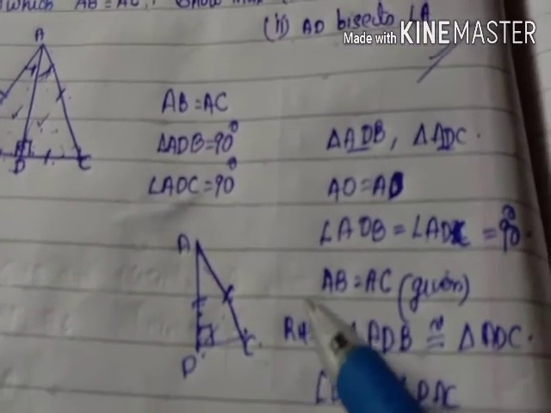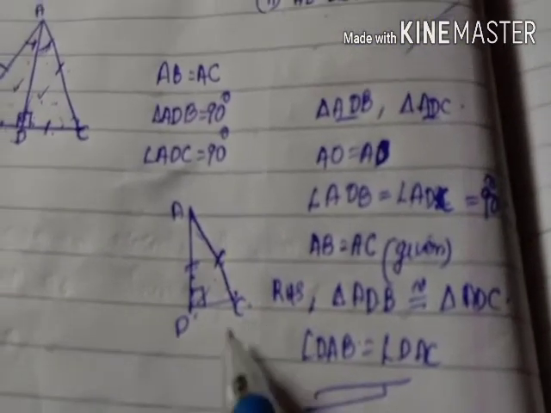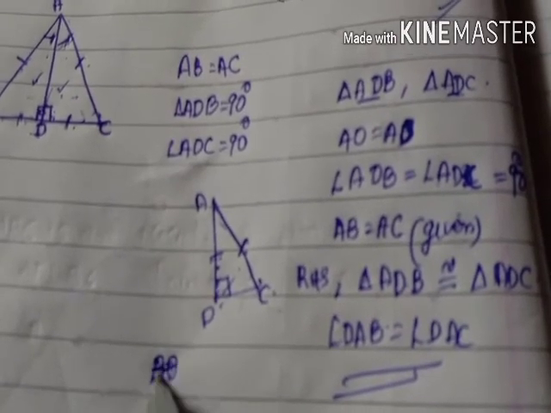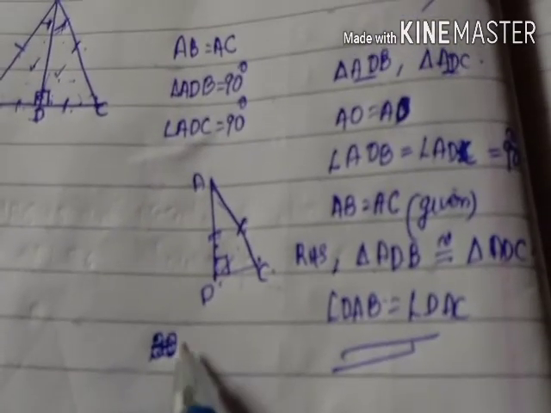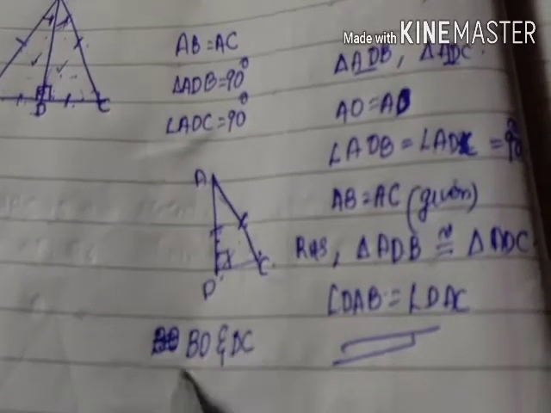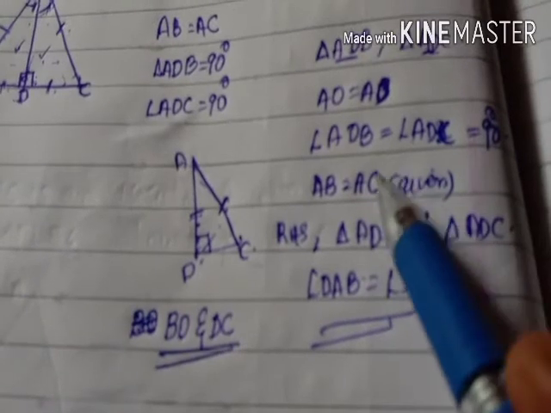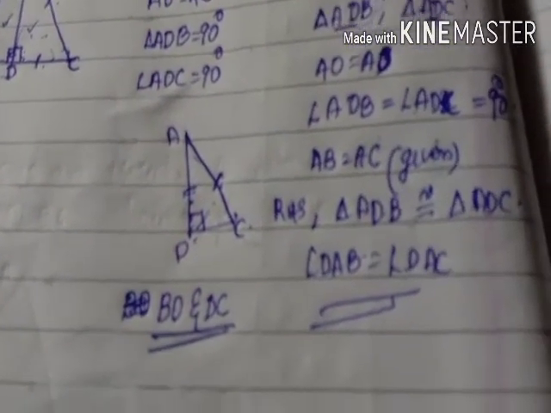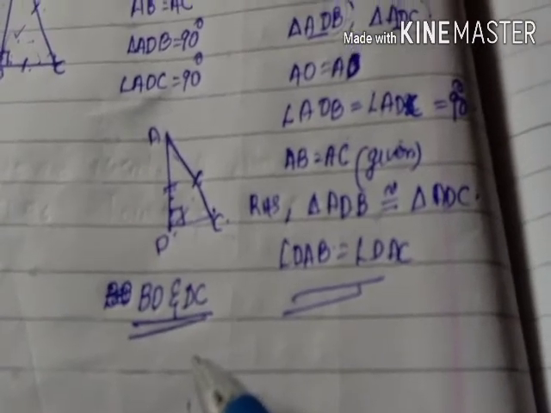Now next one is AD bisects BC. So from the same congruence rule, applying CP/CT rule, we can see that BD and DC are equal. So BD and DC are equal means AD bisects BC. It's clear? So that's our first part.